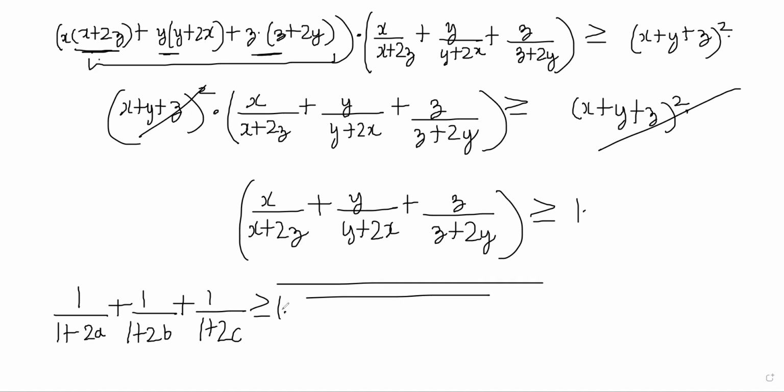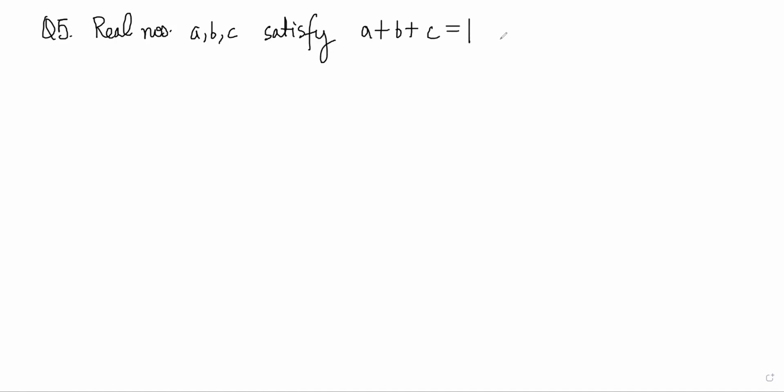The question here is stated as follows. Real numbers a, b, and c satisfy a + b + c = 1 and abc is greater than 0.